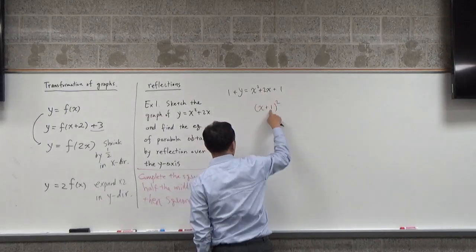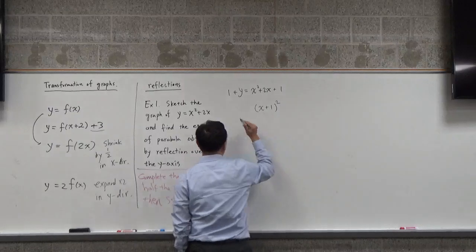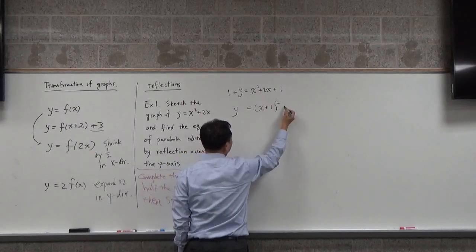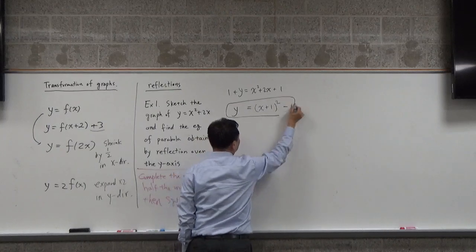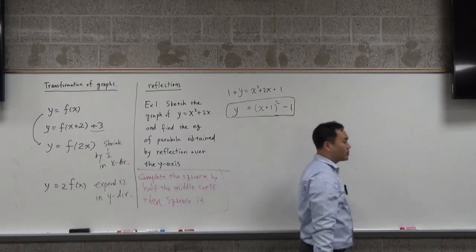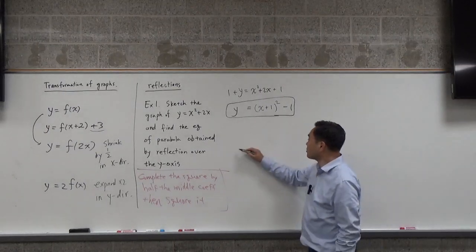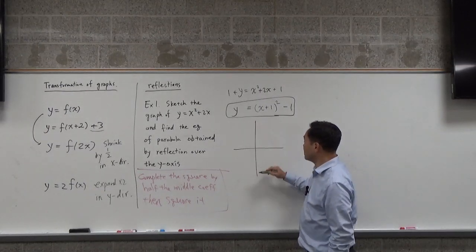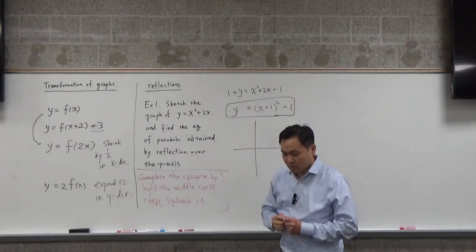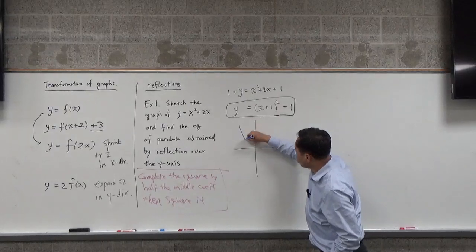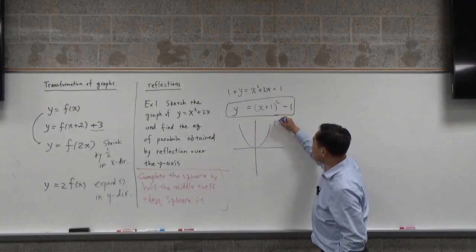Because half of 2 is 1. That's where this 1 comes from. Okay. And now you subtract 1 to the other side to get this equation. With that, we can graph the function. So you start with y equals x squared. This is y equals x squared.